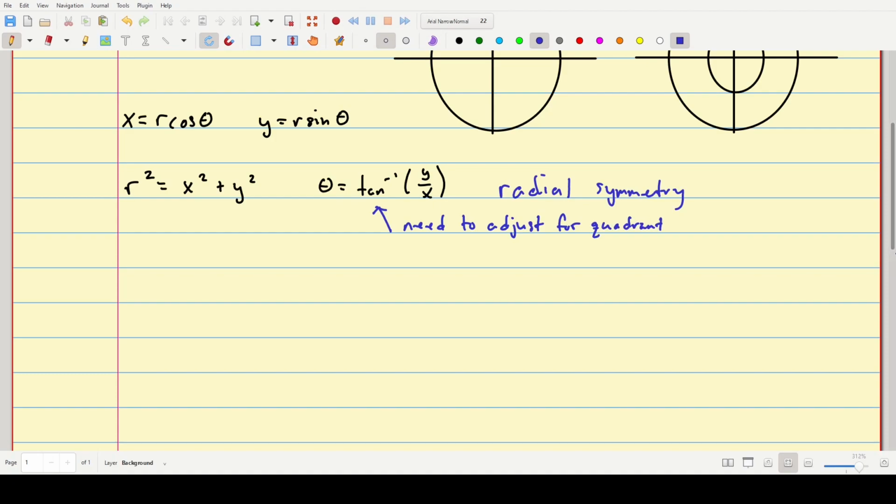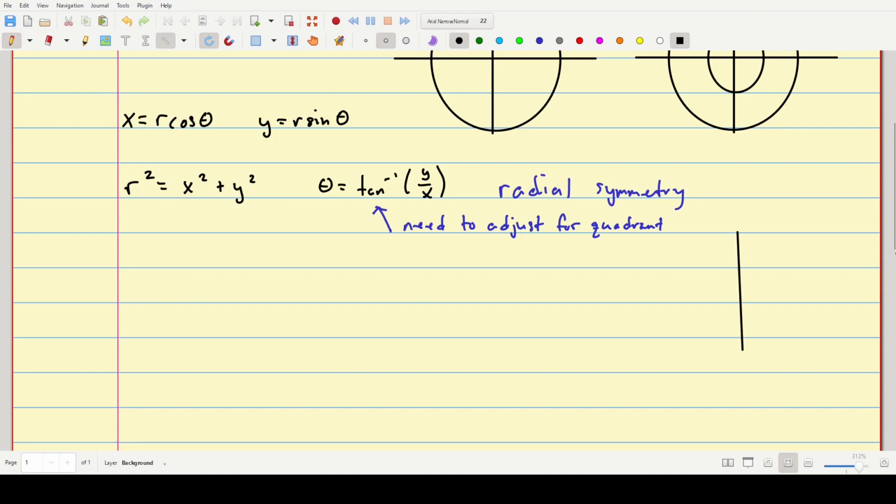Whenever you use the arctangent function, you have to be careful about making sure that you're in the correct quadrant. The base behavior of the arctangent function is to map things from negative pi over 2 to pi over 2, right? Sometimes you have angles in quadrant 2 or quadrant 3, and so you have to do the adjustment to make that happen.